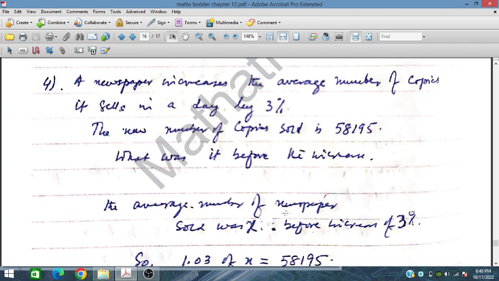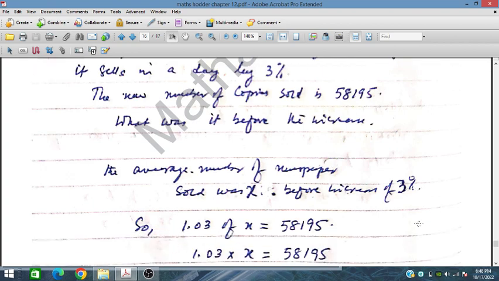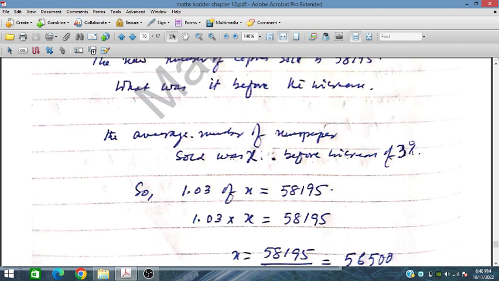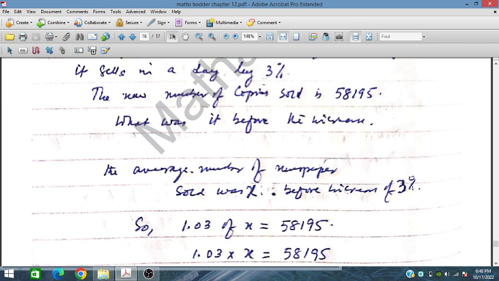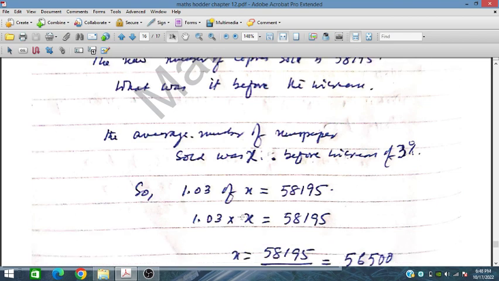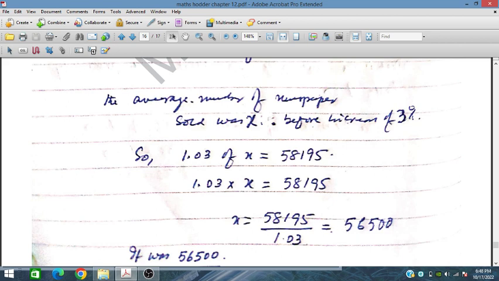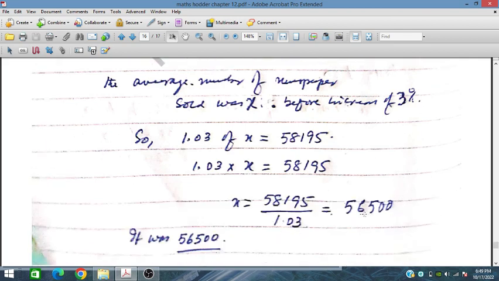The average number of newspapers sold before the increase of 3% was X. So 103%, that is 1.03 times X, is equal to 58,195. So X is equal to 56,500. So before the increase of 3% in the sales, the original number of sales was 56,500.